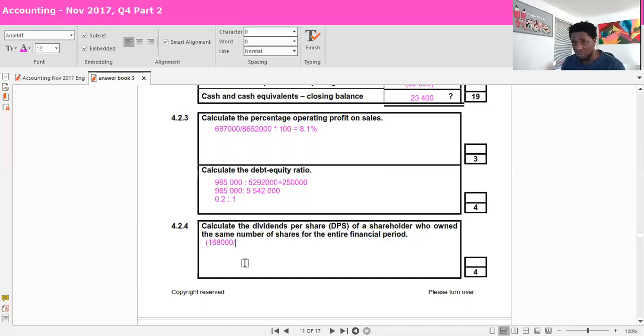But if the business issues 5 more shares, the shares in issue are now 100.